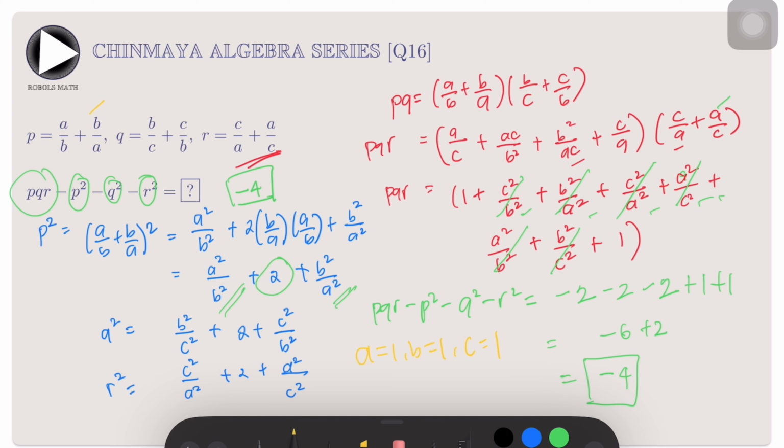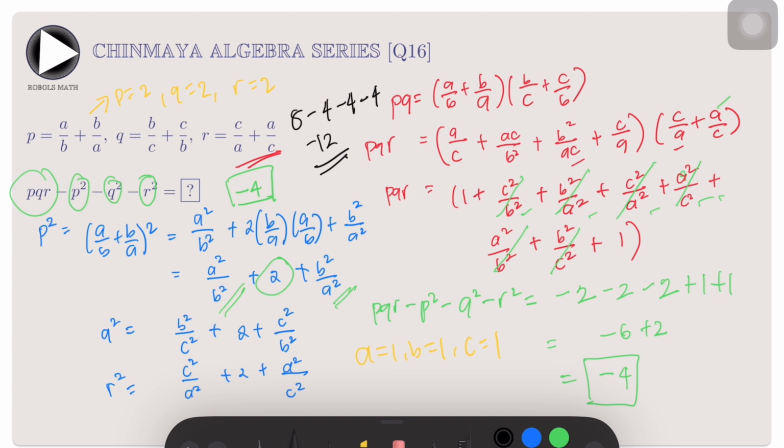So if we substitute it here, we get P equals 2, Q equals 2, and R equals 2. And then lastly, we plug that in to the required expression. We get PQR as 8 minus P squared is 4, Q squared is 4, then R squared is 4. So if we subtract this, we'll get negative 12.